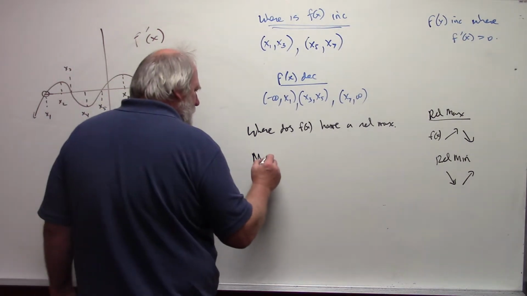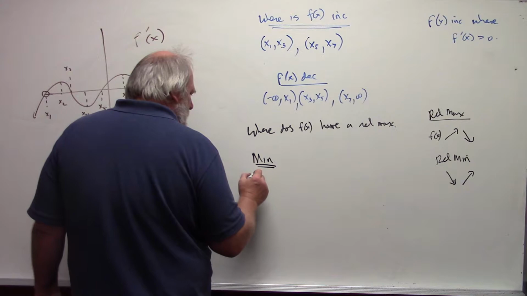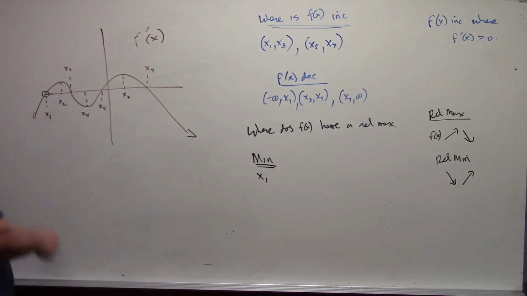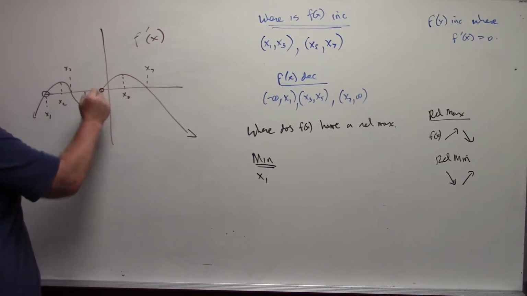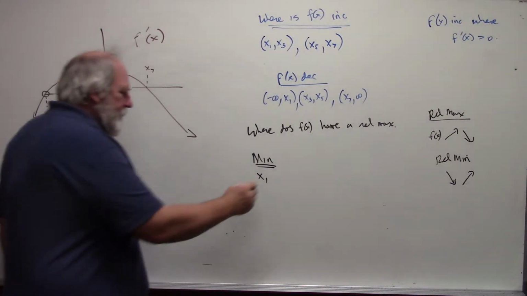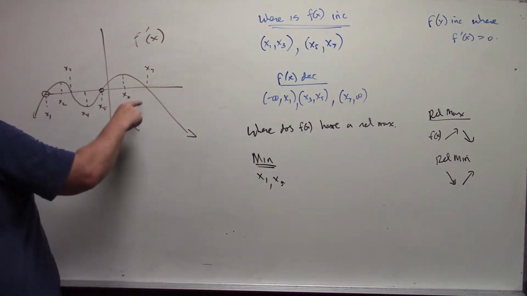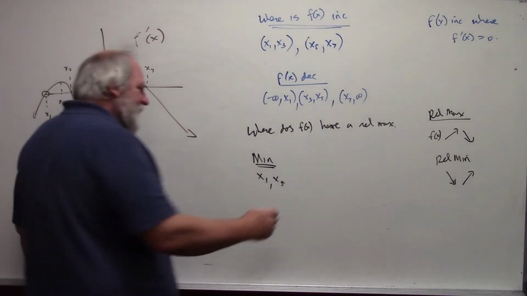Let me do all the relative mins. At x1, again, when I go from decreasing to increasing, and at x5, and that's it. Where do I have a relative max?